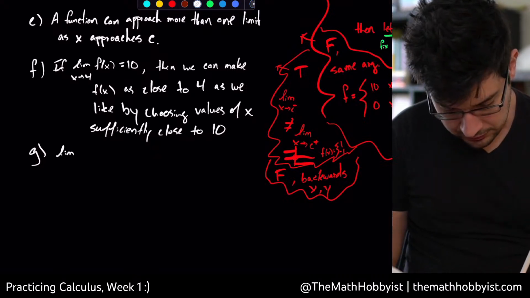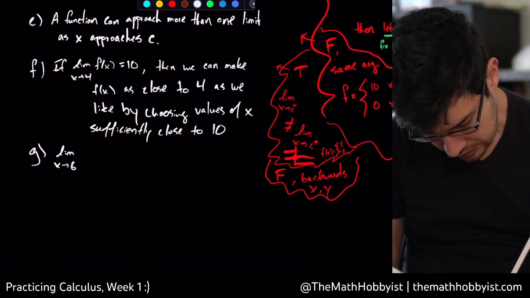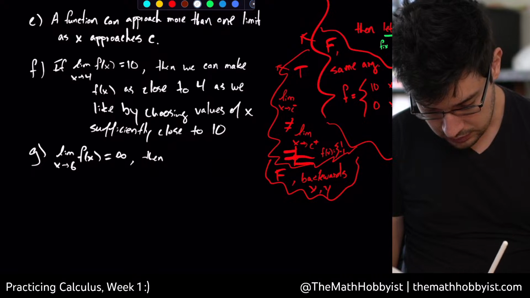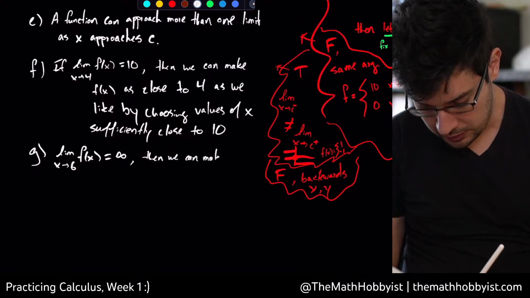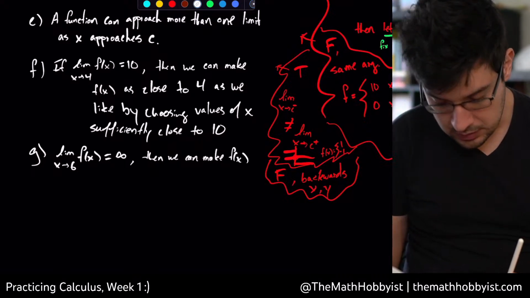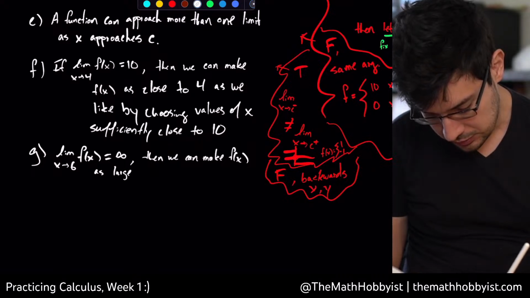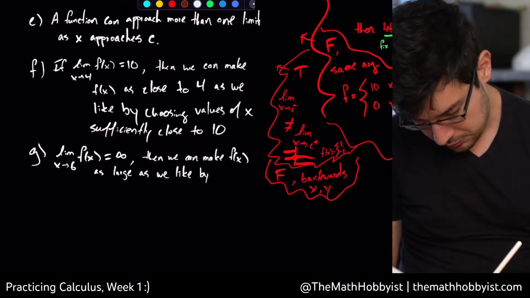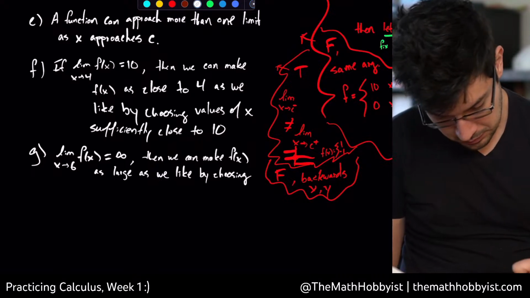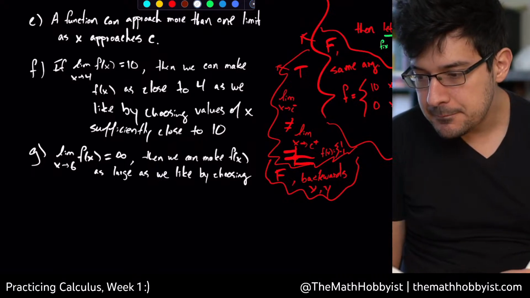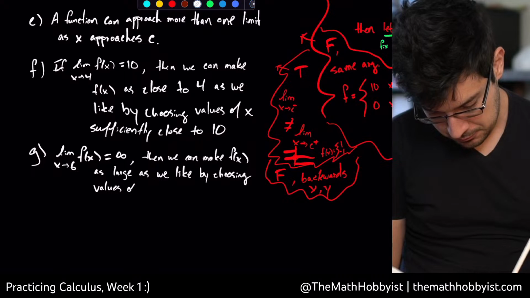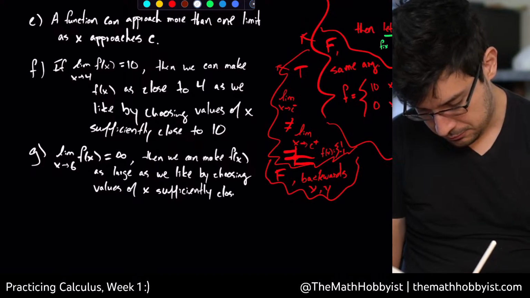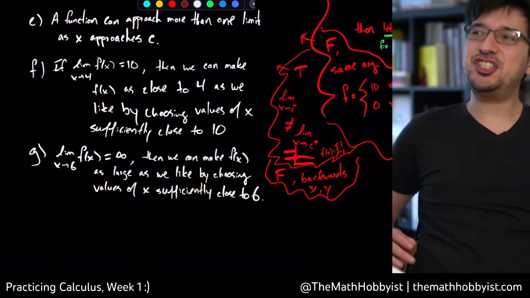Okay, so if the limit as x tends to 6 of f of x equals infinity, then we can make f of x as large as we like by choosing okay, so it's kind of like gerrymandering.